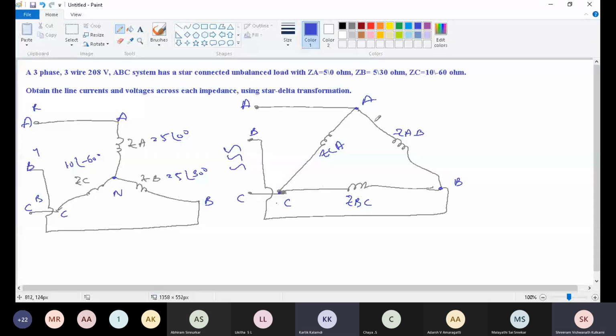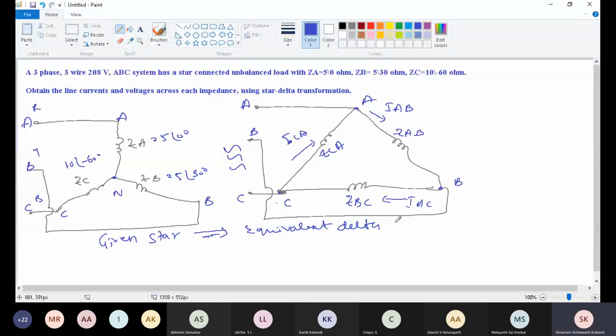Now the current flowing in this phase is IAB, current flowing in this phase is IBC, current flowing in this phase is ICA. Okay, this is the given star network. Now we have converted that one to an equivalent delta network.